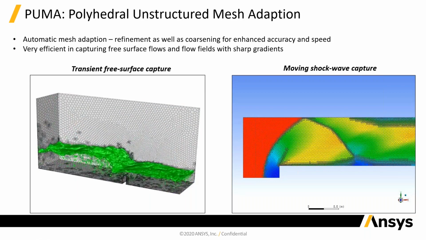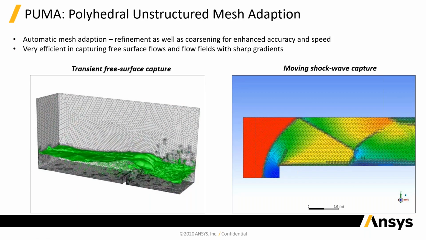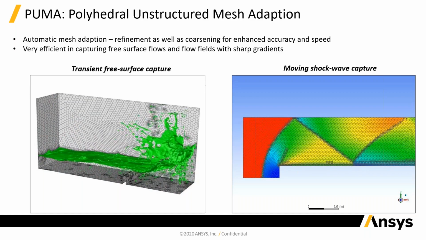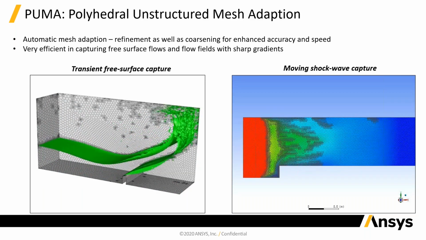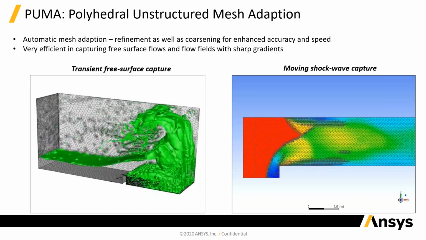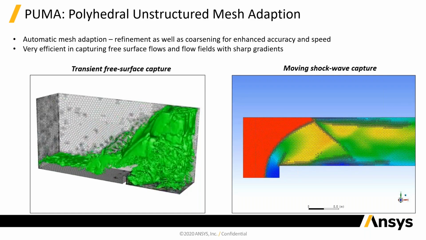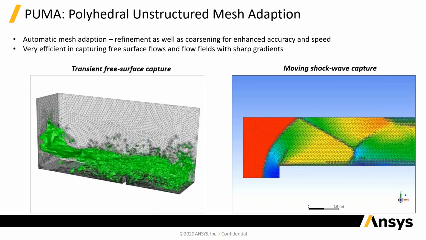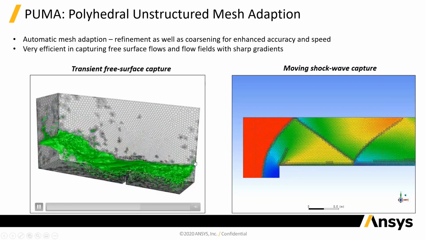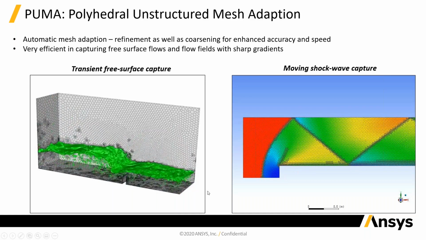And in the last release, we introduced the first release of what's called Hessian adaption, where you're actually adapting to almost like the error term, because you're looking at second derivatives and trying to put mesh where you've got large second derivative terms.